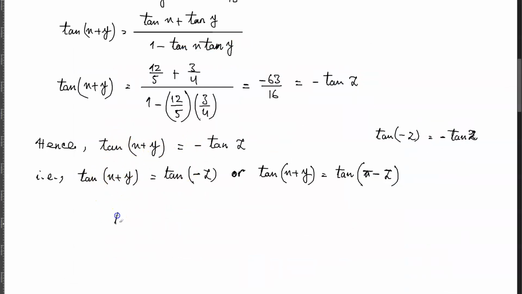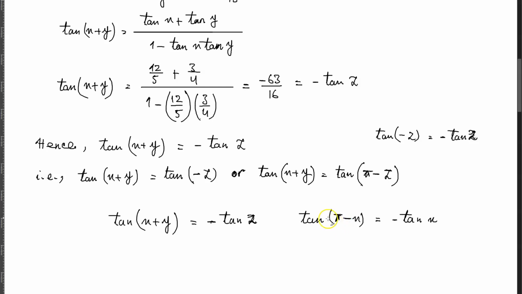I know that tan of x plus y is equal to negative tan of z, right? Now, in the formulas that we had, tan of pi minus x is equal to negative tan of x.